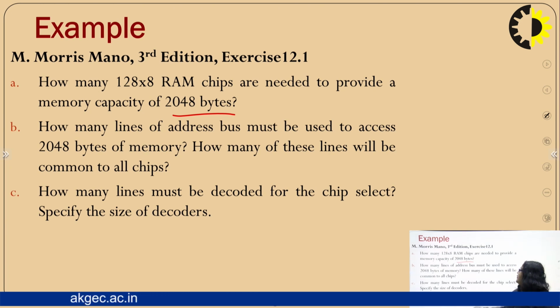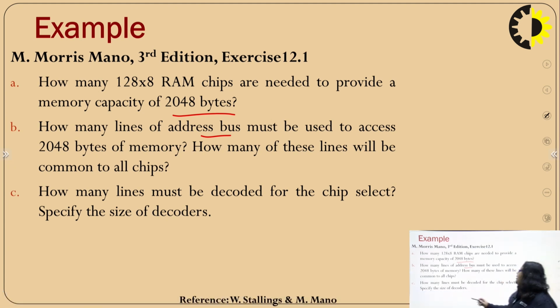So we have to define the address bus, the common address lines for all the chips of the RAM, and the size of the decoder, that is, how many inputs and outputs the decoder that we have to design for the RAM chip selector should have.